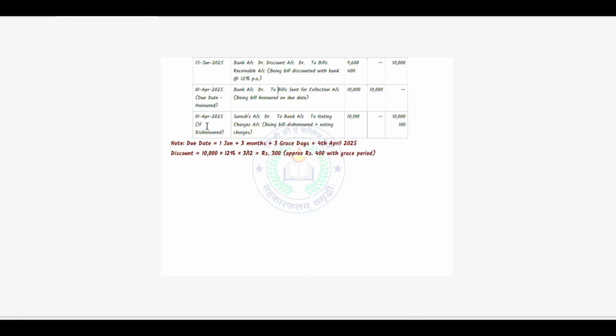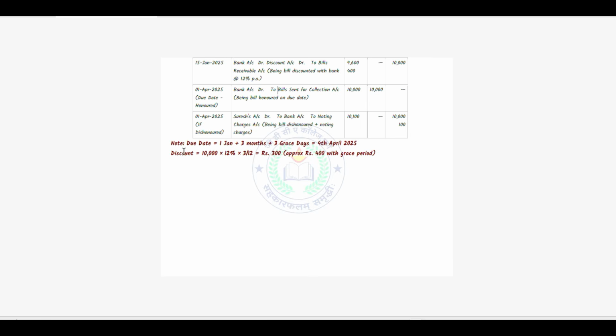On 1st April 2025, if dishonored, Suresh account debit to bank account, noting charges account, being bill dishonored plus noting charges, that is of 10,000 plus 100 rupees.